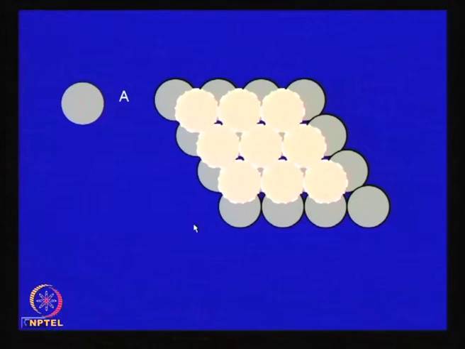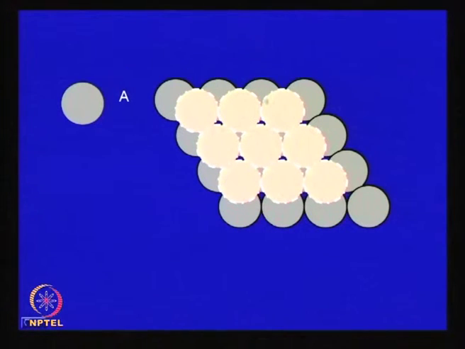Now, they can occupy only these valleys. If you put an atom here of the same size, it actually blocks part of this site. So, either the next layer can occupy this or that, which is shown here.